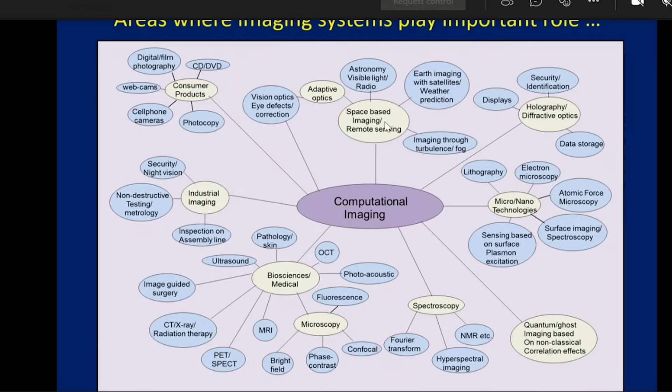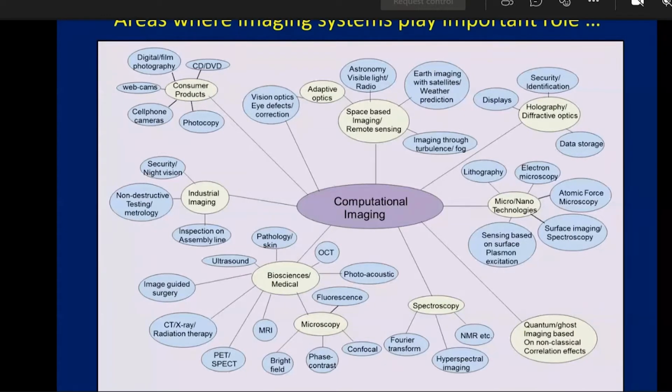You can think about space-based imaging or remote sensing. There are holography kind of displays and 3D displays, and those applications are there. In industry, again, for any inspection or non-destructive testing, imaging is very important. The whole of biology or biosciences depends on imaging systems, meaning we wouldn't form a picture of cells in our mind if we did not have microscopes.